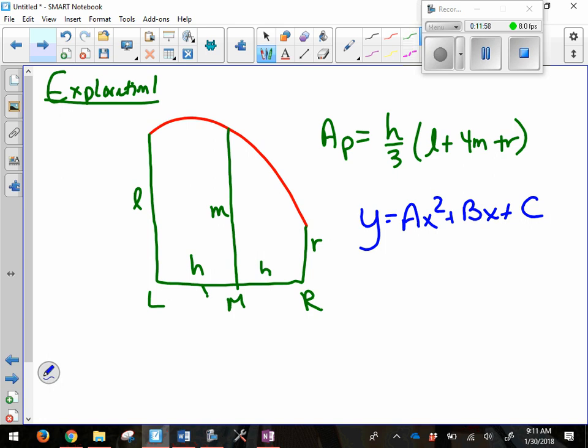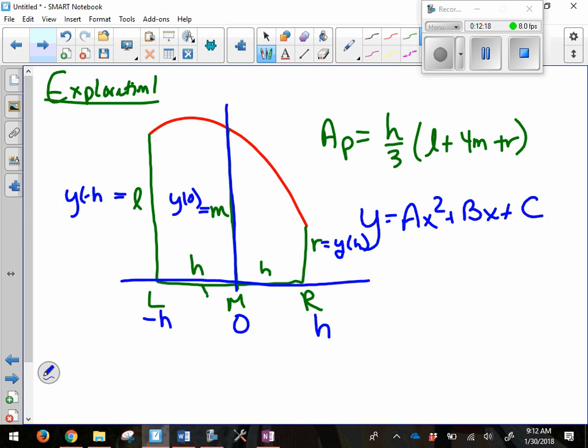And if we let these be our axes, so this is 0, this is negative h, this is h, r is then y of h, m is y of 0, and little l is y of negative h, right?